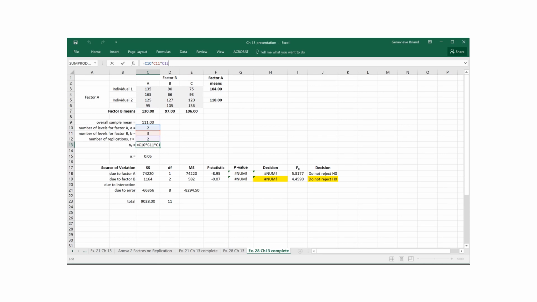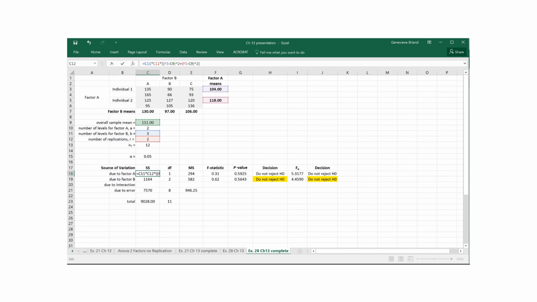The total number of observations is then the number of levels for factor A times the number of levels for factor B times the number of replications. We modify the algebraic expression for sum of squares due to factor A, since now with the replications we have only 2 factor A means as opposed to 4.